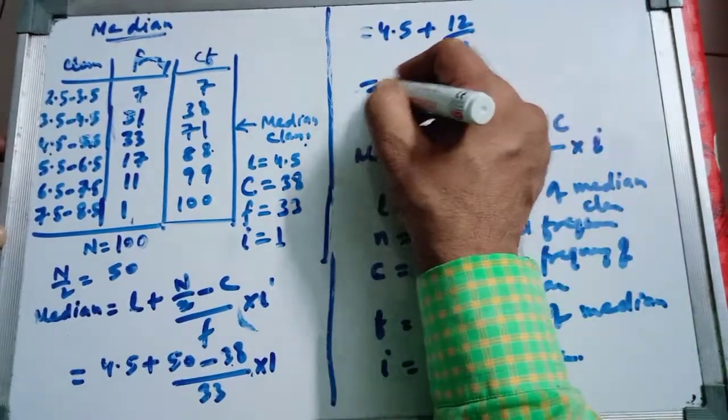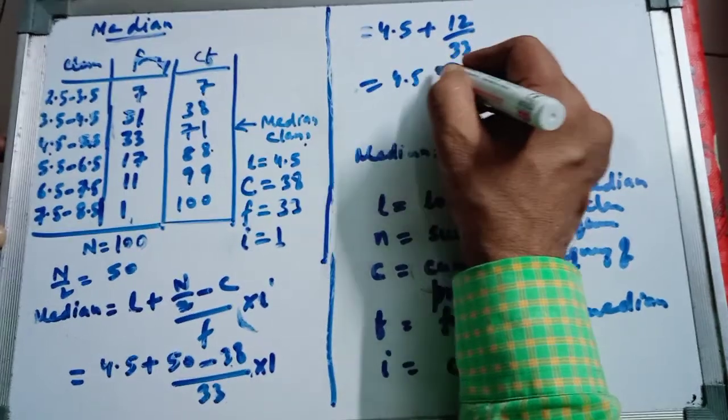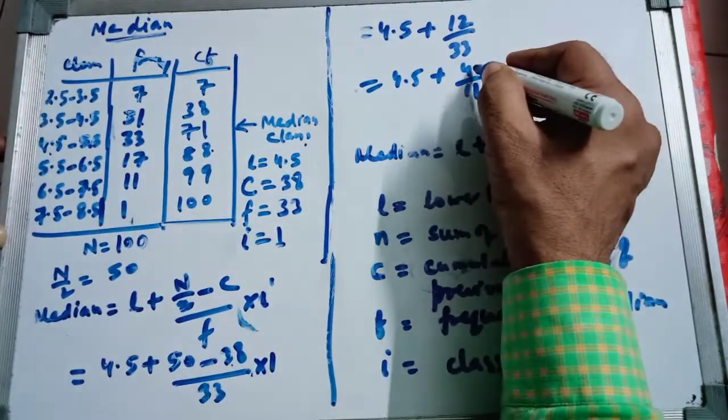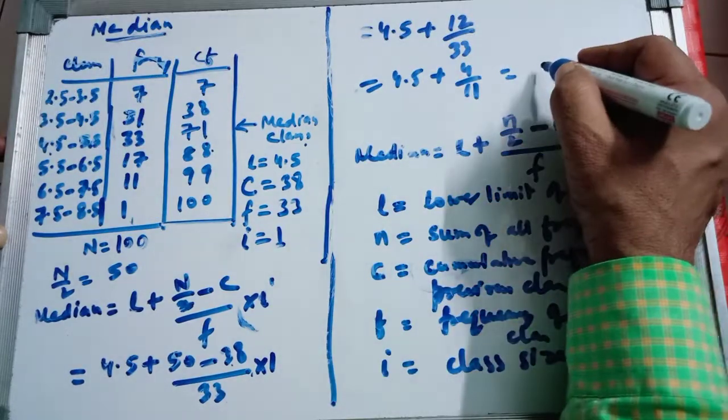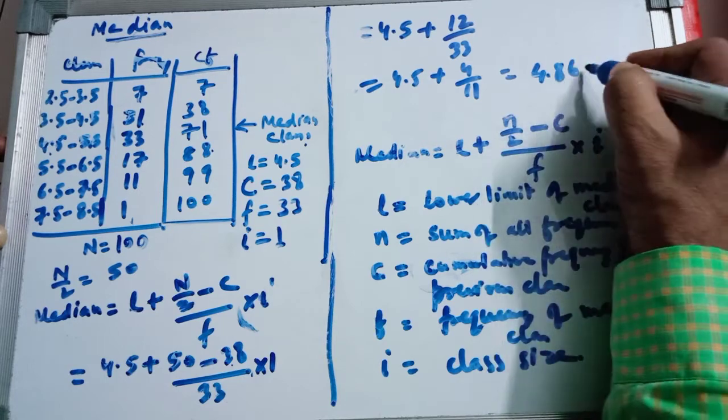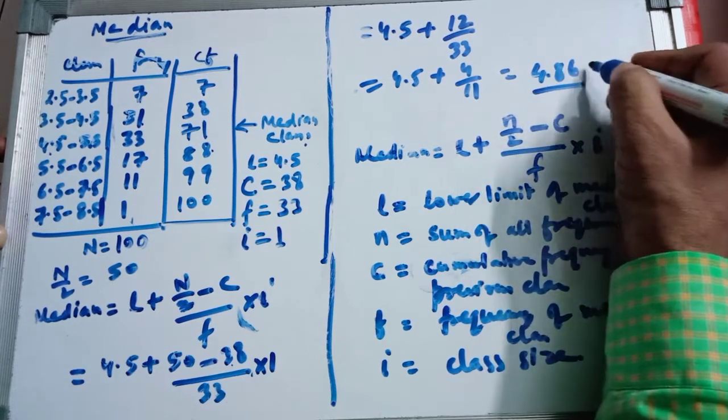So you can cancel by 3. So 4.5 plus 4 by 11. Using the calculator, divide this and then add 4.5, you will get the value as 4.86. So you round it up to 2 decimal places.